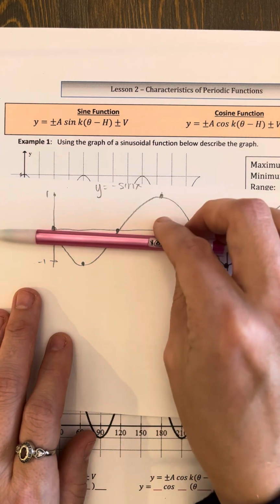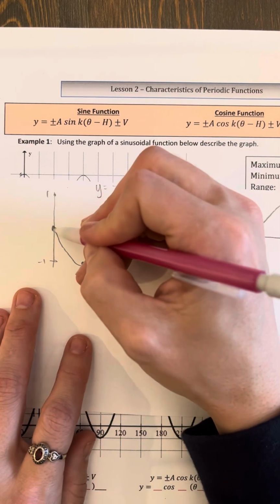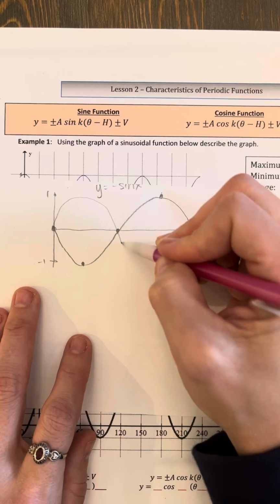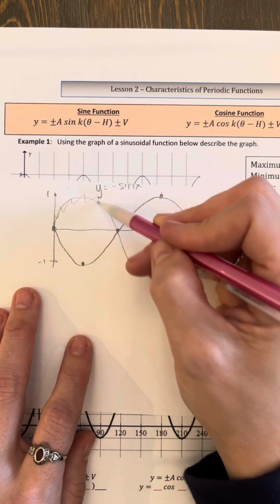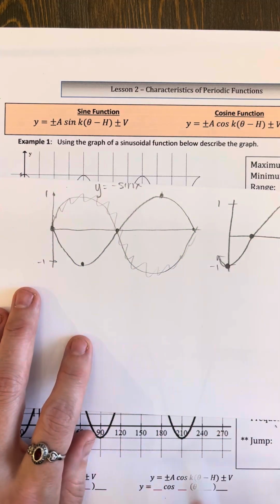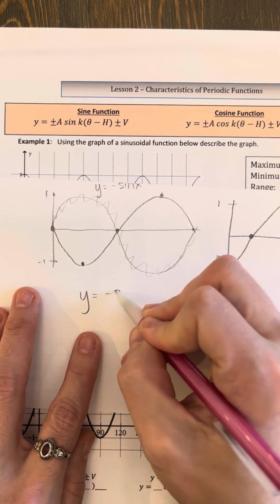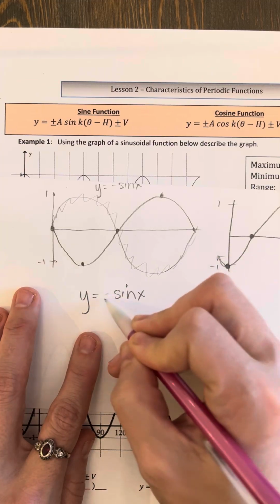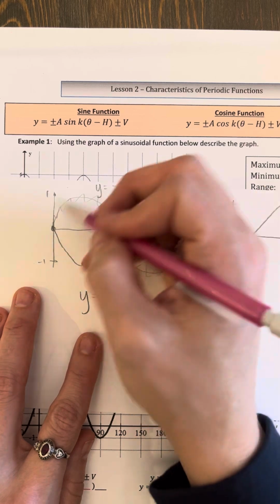Okay, like if you put a mirror here, the mirror image of the positive sine wave, there, this is the positive one. Okay, this is the negative one. They're mirror images of each other. So this is y equals negative sine x. So if you have a negative in front of the sine, it's the sine wave. It's just that it goes down instead of up to start.